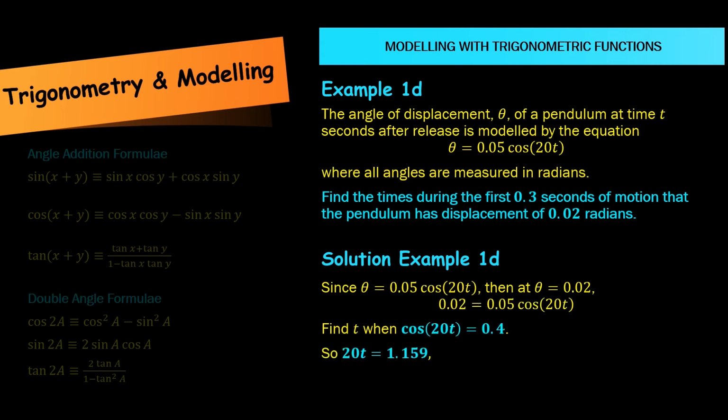Therefore, using inverse cos on our calculator gives us that 20t equals 1.159. We also have another solution because cos is positive, so the other solution is in the fourth quadrant. Therefore, 20t can also equal 2 pi minus 1.159.